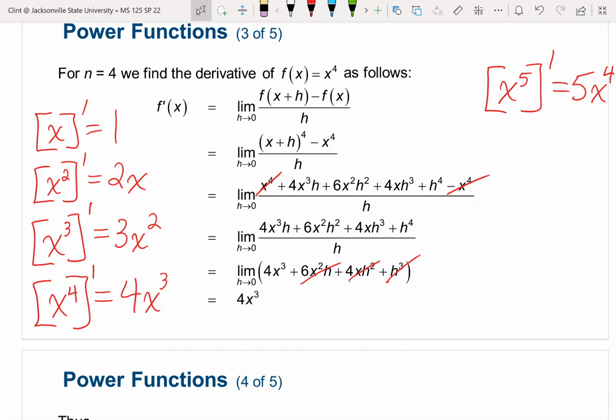That makes our life a whole lot easier, right? For x to the fourth, we could either do the limit definition, or we could say 4 times 1 is 4, 4 minus 1 is 3, and we're done. We get the same thing both ways.